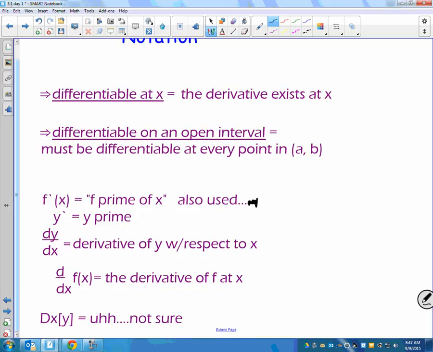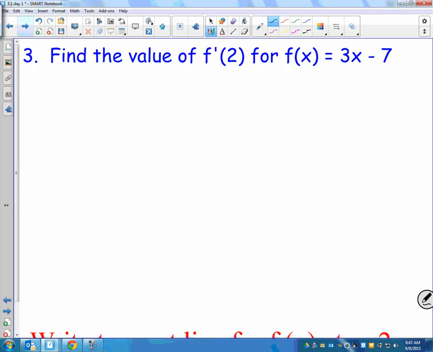Okay, ready? Find the value of f prime of 2 for f of x equals 3x minus 7. Do you want to do the h definition or the alternate definition? We have two ways to do the derivative. We have the h way, we have the alternate way.